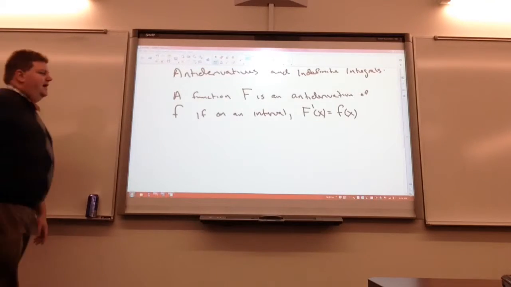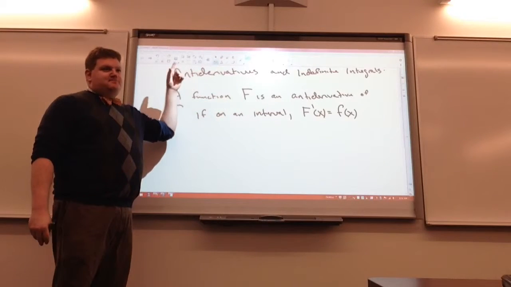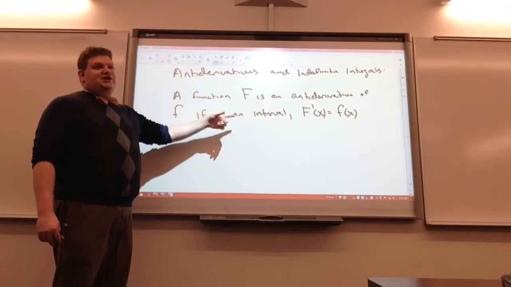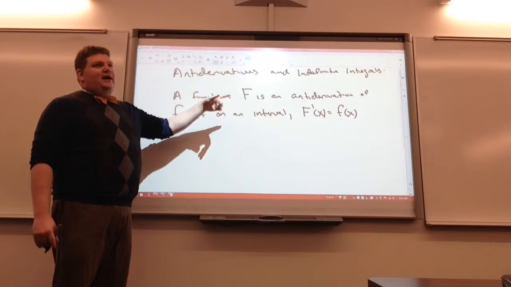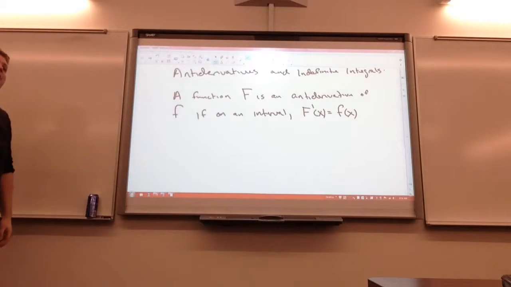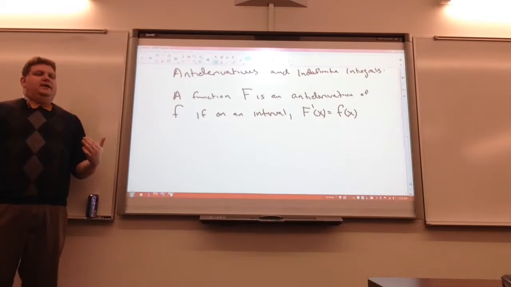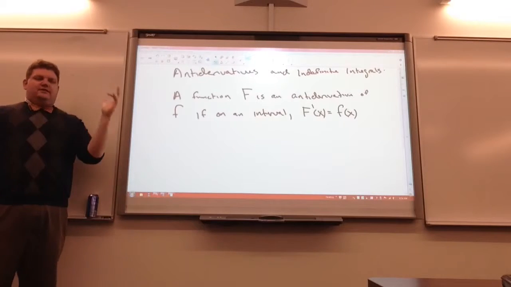Defining what an antiderivative is, I'm basically saying the antiderivative is the function whose derivative I take to get this other function. So every time you're calculating an antiderivative, think of it this way, instead of thinking of the rules we're going to learn.